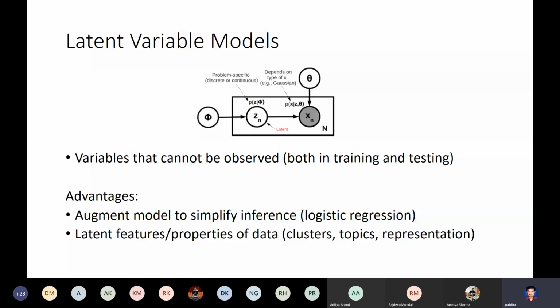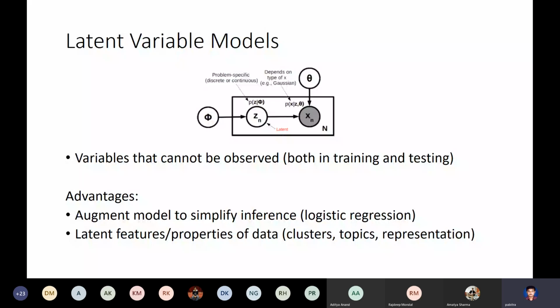Another advantage is that sometimes there are some properties or features of the data which are latent, non-measurable or unobserved, in the sense that they are not directly sensed or observed. For example, the topic of a document, the cluster belongingness of a set of data, or maybe an embedding, a vector representation.